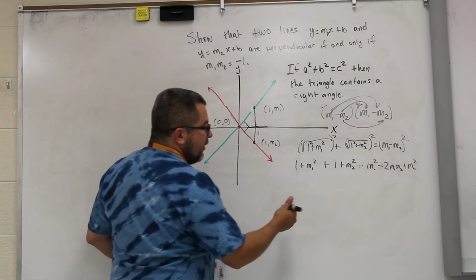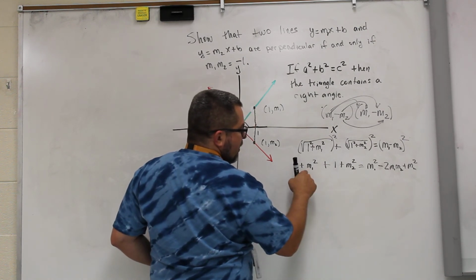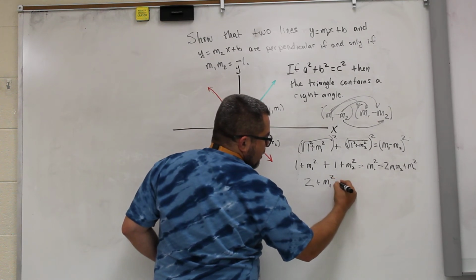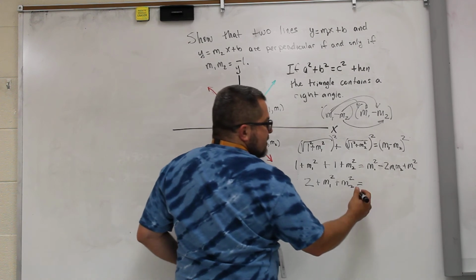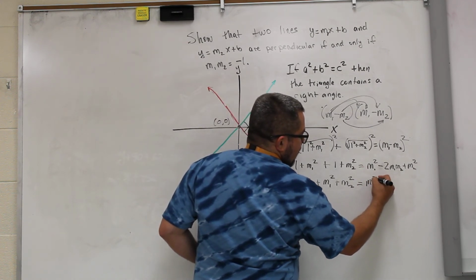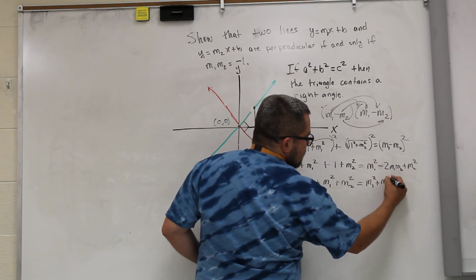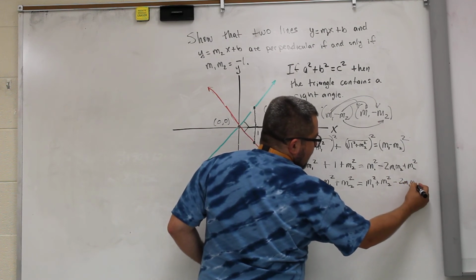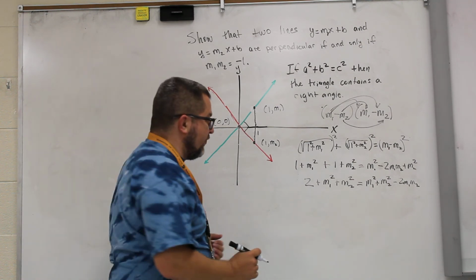So from here, we can simplify. 1 plus 1 is 2, plus m1 squared plus m2 squared is equal to m1 squared. I'm going to move this one up here, plus m2 squared minus 2 m1 m2. And I'll show you right now why I decided to move that.